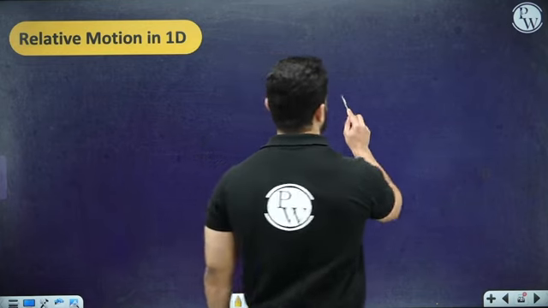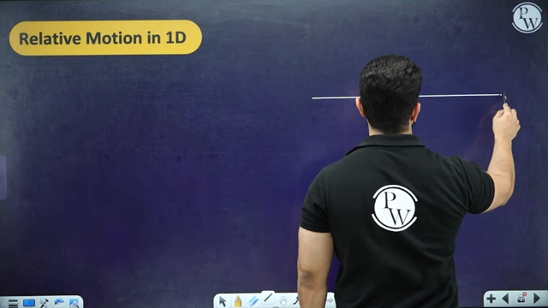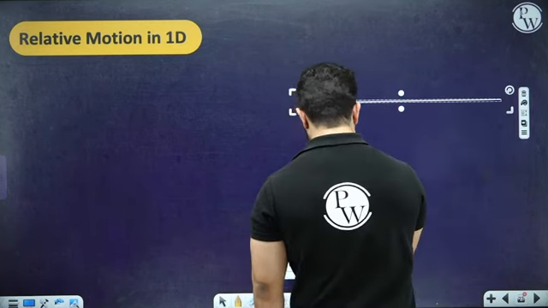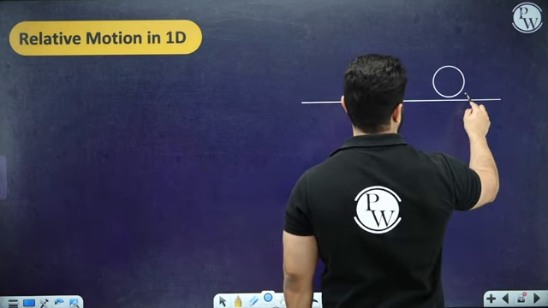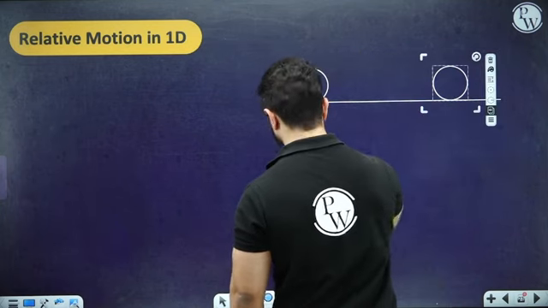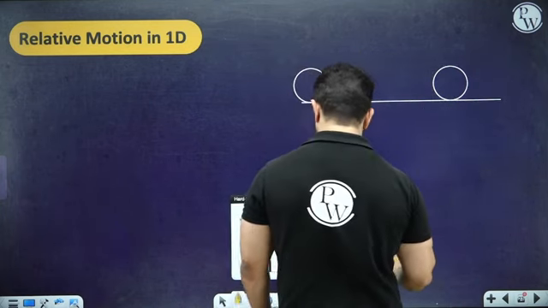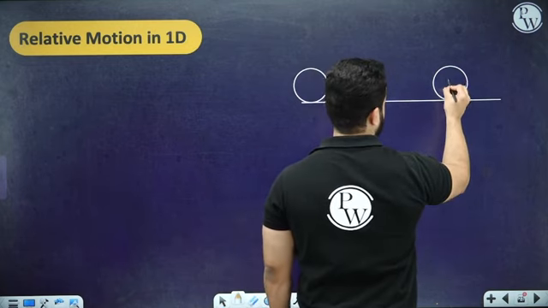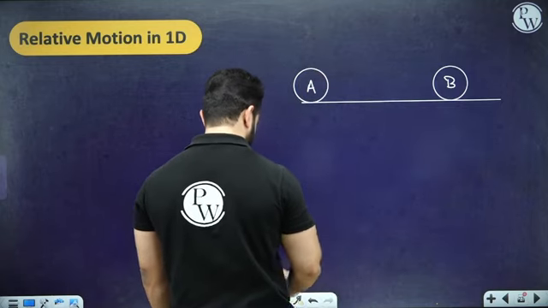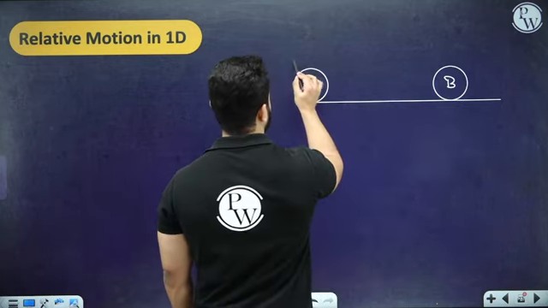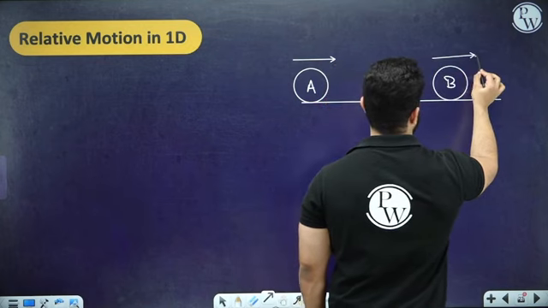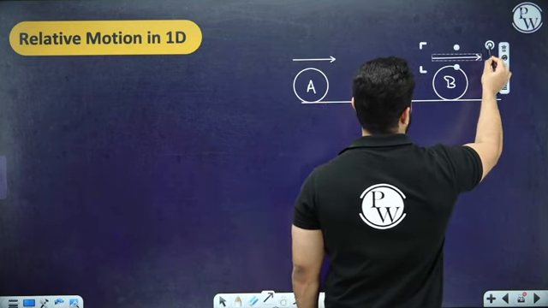Let's suppose we have got two bodies on a ground, body B and body A. This is moving with a velocity of VA at this point. This is moving with a velocity of VB at this point.